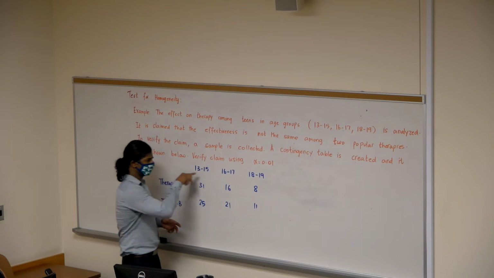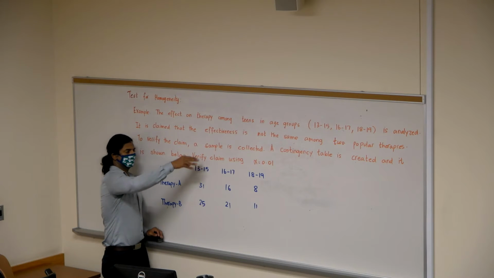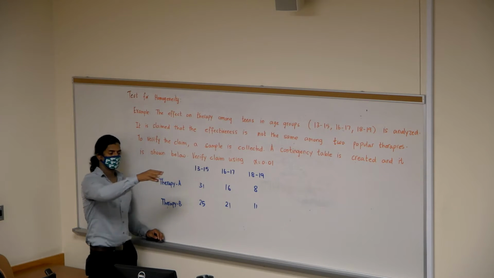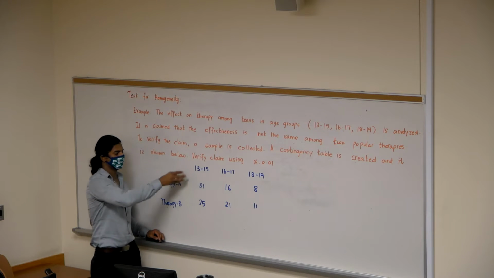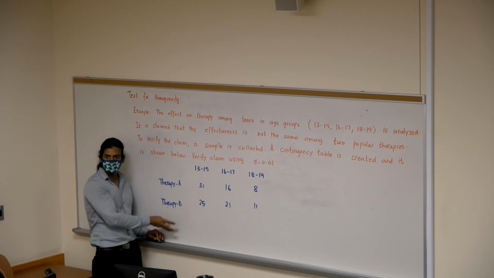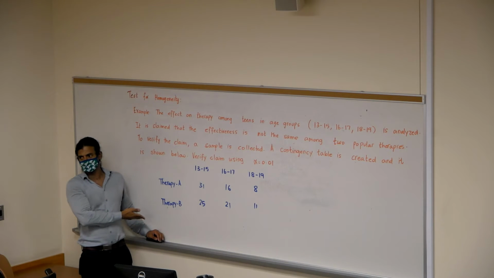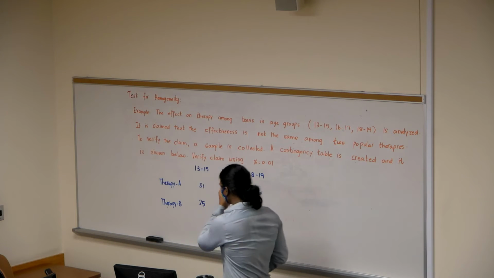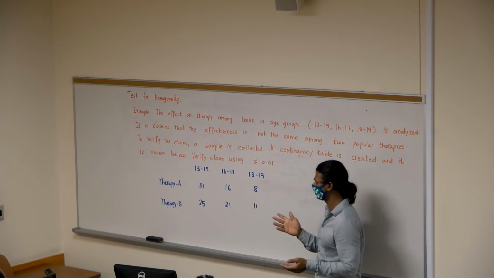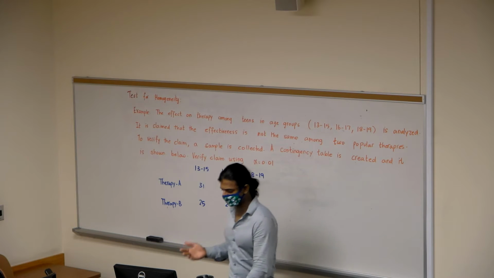Well, if you treat that as a dependent variable, we can say that the effectiveness of the therapy among the three different teen groups varies as you go from A to B. That would imply that the teen groups are dependent on the therapy. Does that make sense? As I mentioned last time, a test for homogeneity is no different from a chi-square test for independence. This is just like a special case.